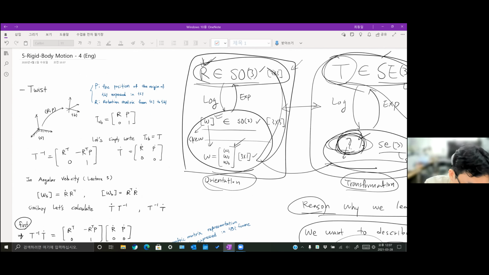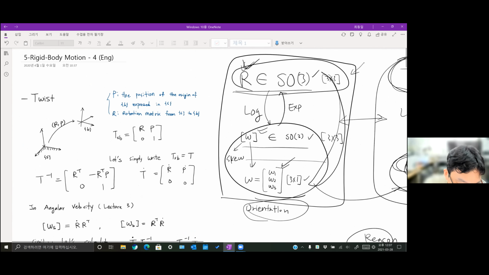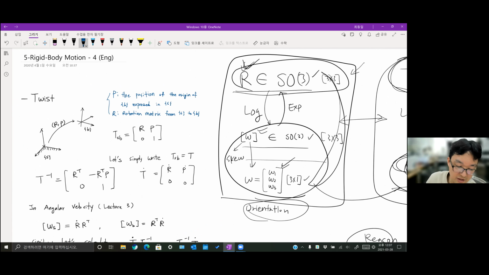This one is the twist. Yeah, we want to learn about twist. You may have learned about twist, but some students are not familiar with this one.